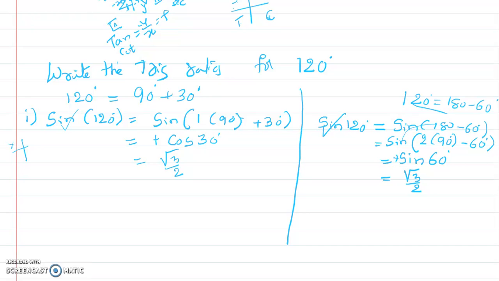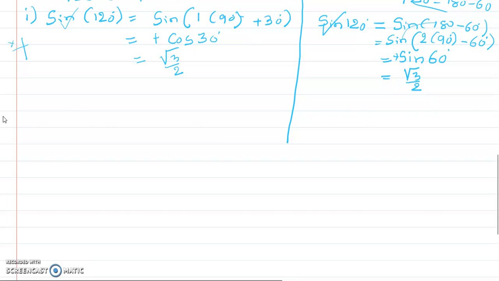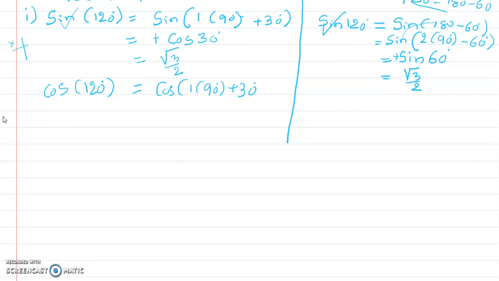This is how we can find out the trigonometric ratios for some angles in the third and fourth quadrants. Similarly, I will find the trigonometric ratio for cos 120. Cos operating on 1 time of 90 degree plus 30 degree.